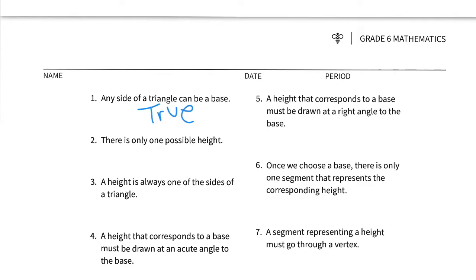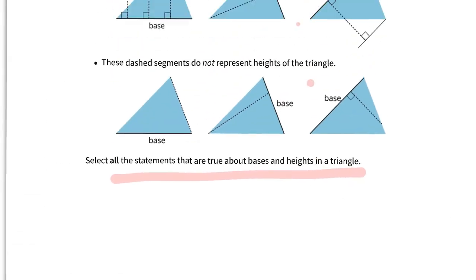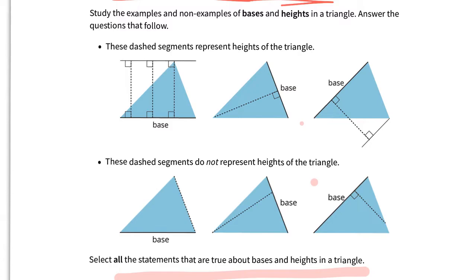Now it says there is only one possible height. So let's go back up and take a look. For all of these examples right up here, we see here's a base and there's one height right there. But this is also a height. And this is also a height. But they're all the same height, aren't they?